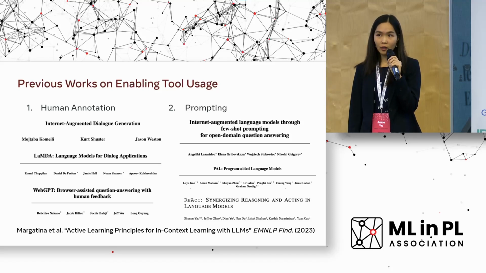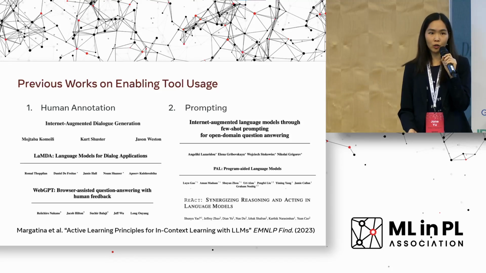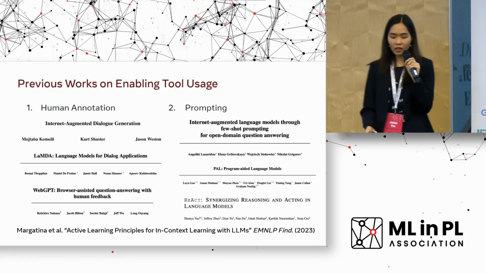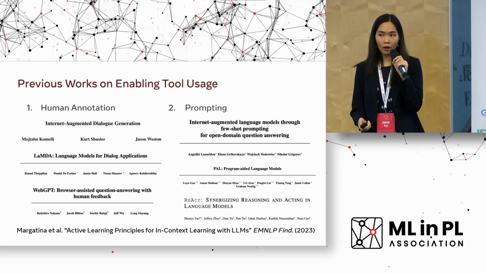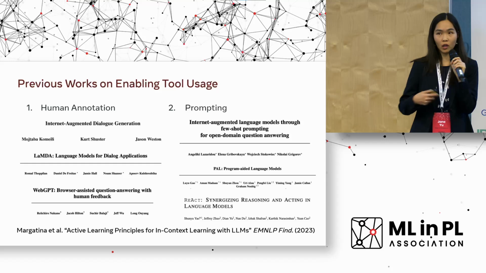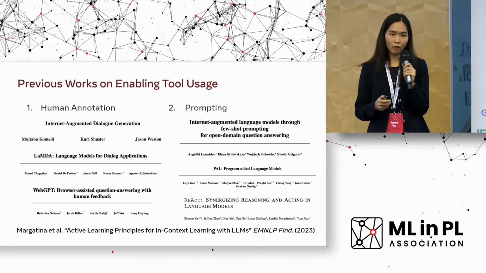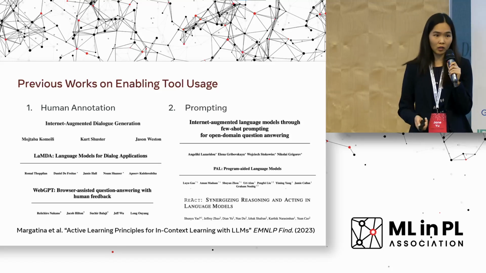And secondly, another major line of work is prompting. So prompting basically assumes that the model is fundamentally capable of understanding how to use tools, but you just need to give it a good explanation of the tool and also a couple of examples. And this has some major drawbacks, like being too specific to the tool.